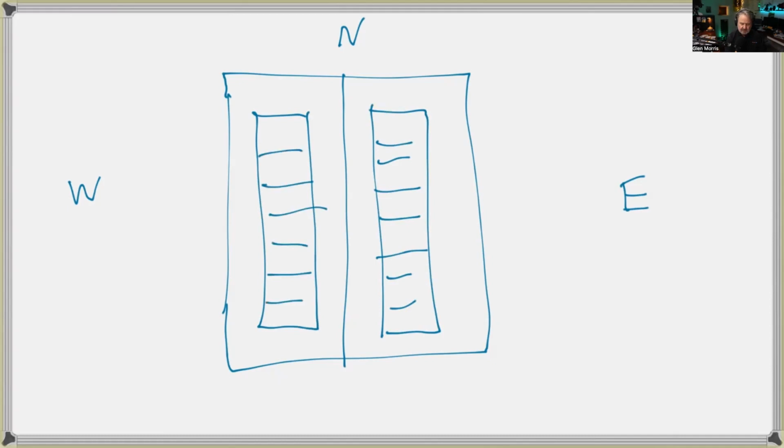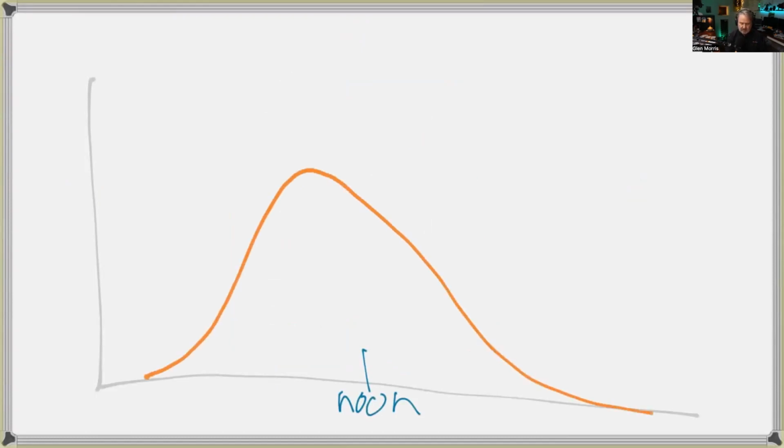But you get another bonus with this arrangement. I don't know if I got the numbers right, but let's say they were the same. The bonus is that you've now got two generation profiles that look like this. So if I do a daily graph here, and if I say this is noon here, the east-facing panels are going to peak in the morning and tail off in the afternoon.